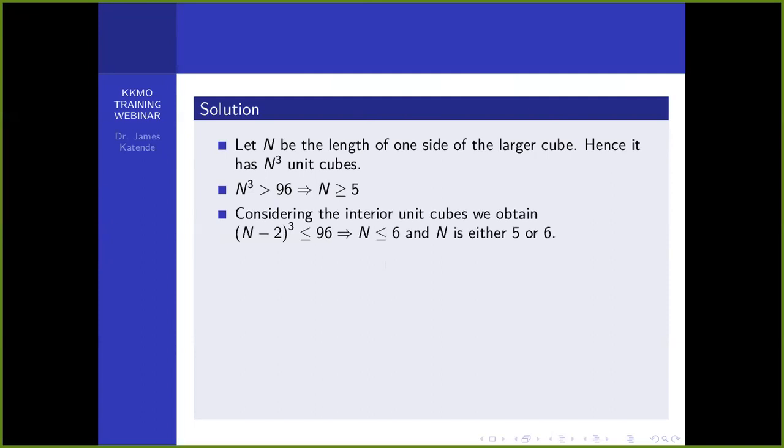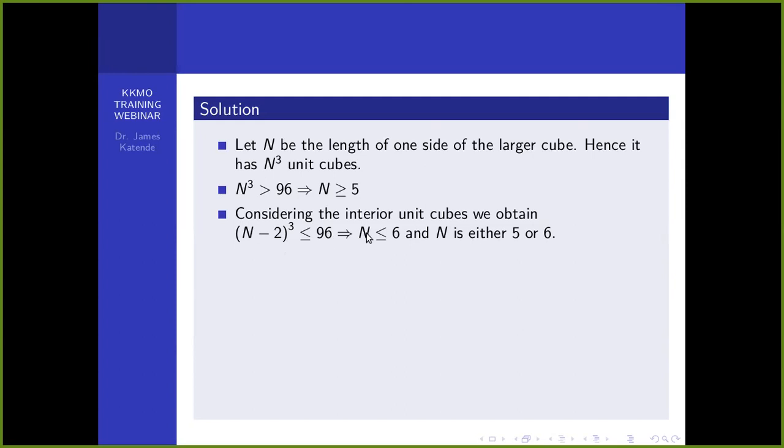Now we can consider the interior unit cubes. All the interior unit cubes are not painted. So you remove the top layers on all sides, so that you'll be left with (n minus 2) cubed. And these will be less than or equal to 96, because we are sure that these interior unit cubes are definitely not painted, so they cannot be more than 96.